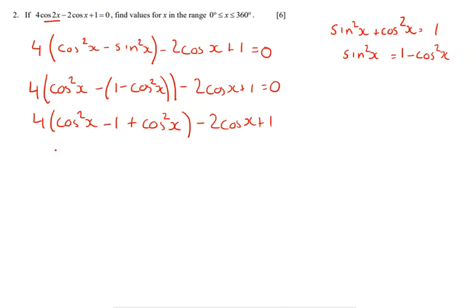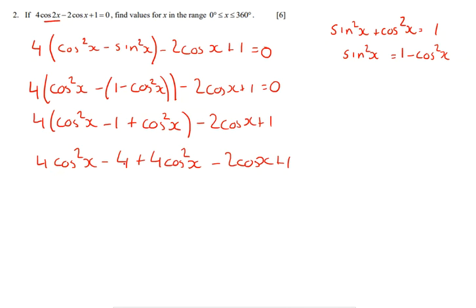Multiplying through by the 4 now, so we end up with 4 cos squared x minus 4 plus 4 cos squared x. And we've got rid of that bracket, so I can now write down minus 2 cos x plus 1.